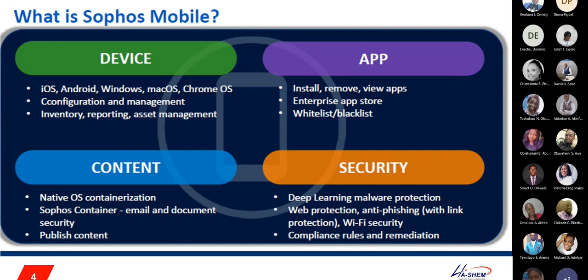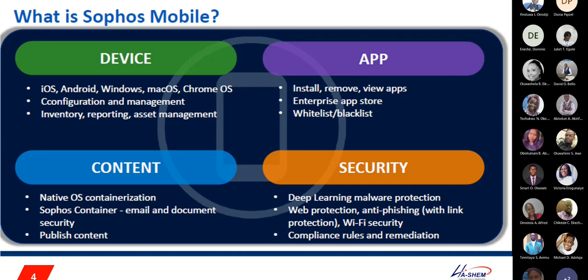These policies determine how the device can be accessed, what settings can be changed, and how the device is used. So you can install and remove applications remotely with Sophos Mobile, as well as allow specific applications to be downloaded from the App Store. This also includes management and configuration of your Office 365 app.